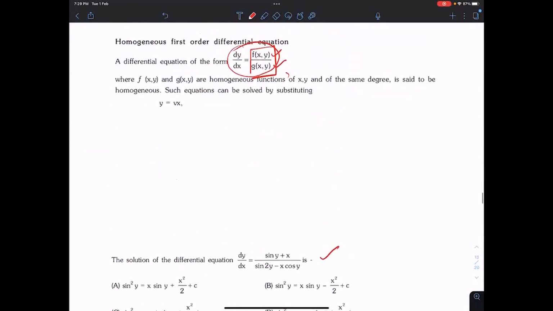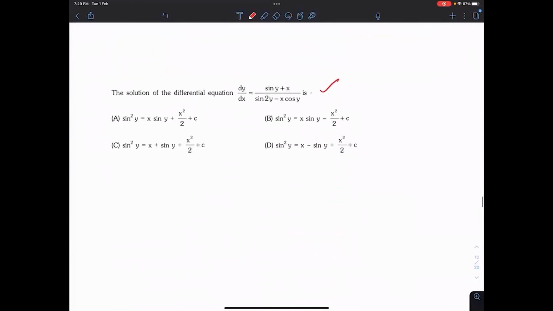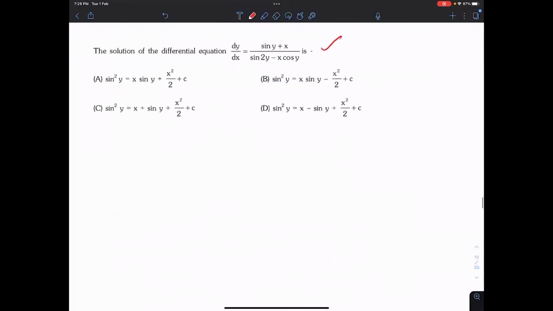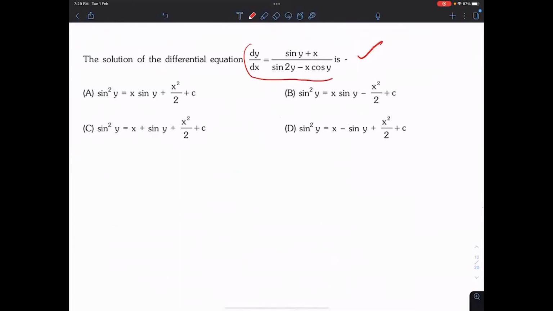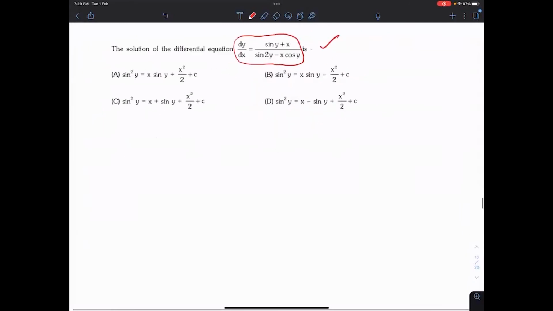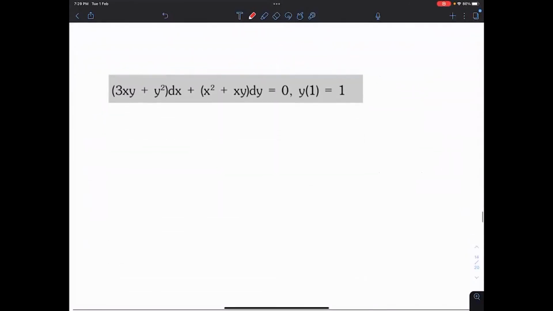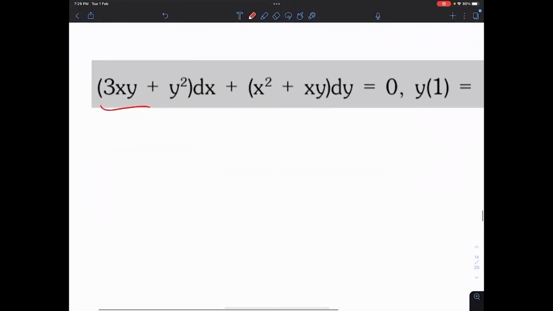So one example: whenever you have a homogeneous differential equation, this substitution you will make, y equals vx. Now here, just observe this differential equation. You will see that in homogeneous differential equations, normally the differential equation will look something like this. Yes or not?